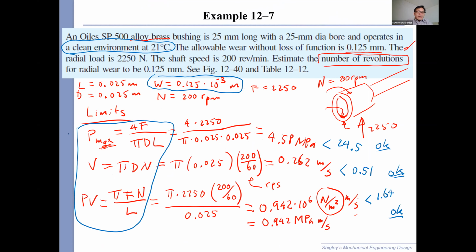Just generally speaking, is small d better or large D better? Anybody has an opinion? If these are my limits and I want to make sure I am under the limit, do I want small diameter or large diameter? Depends, Pak.